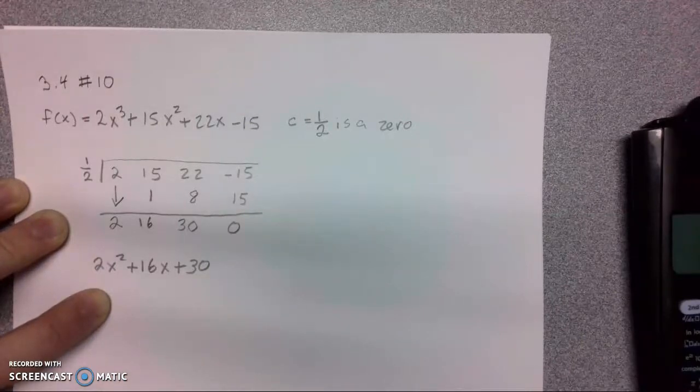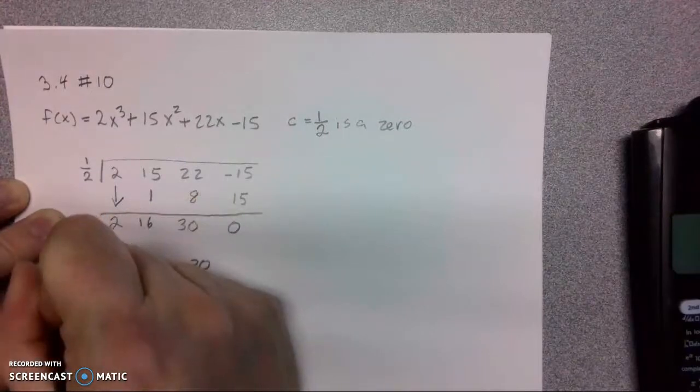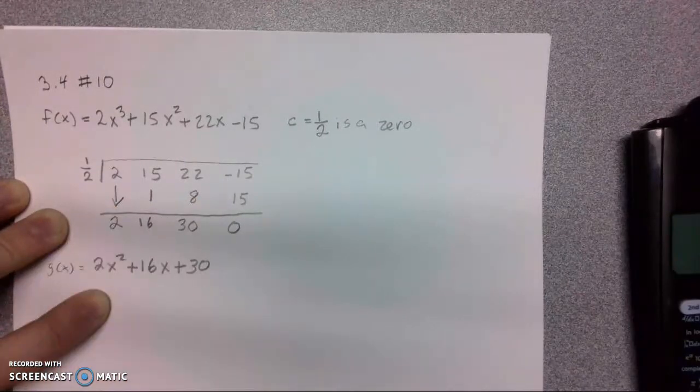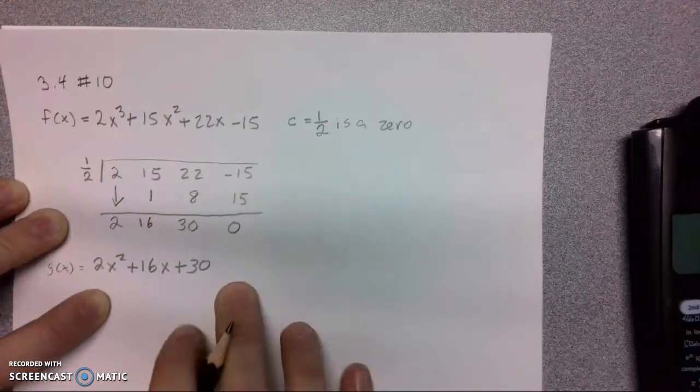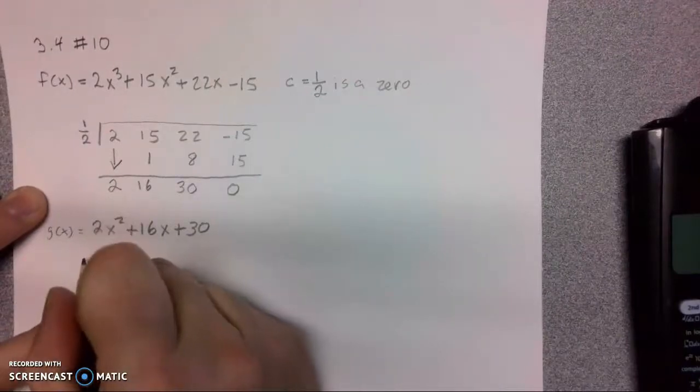Okay, so now we can use quadratic formula if we want. We can factor, we can complete the square, whatever techniques we want to use there. So let's call this g of x. Okay. I'm going to see if we can factor it. So we're going to take out the 2.